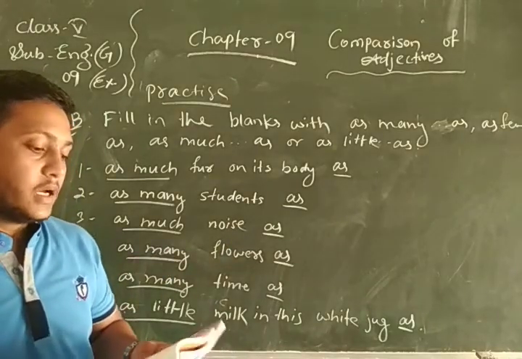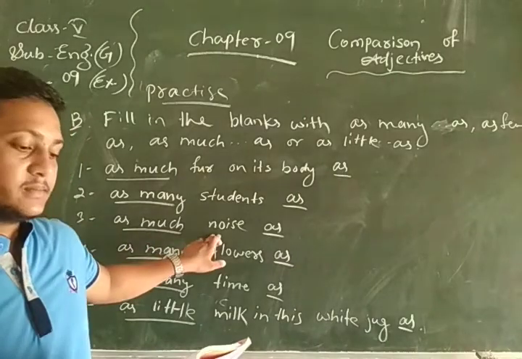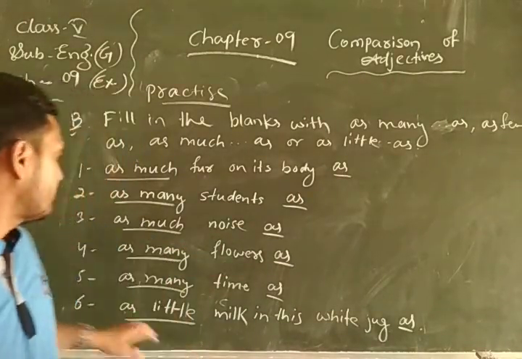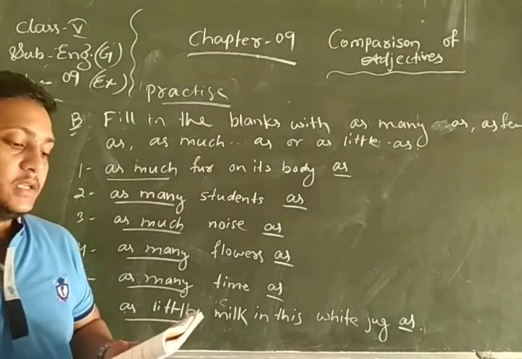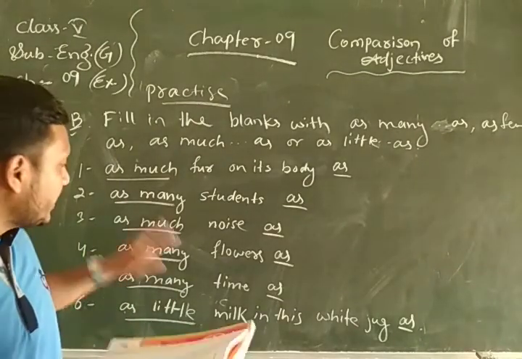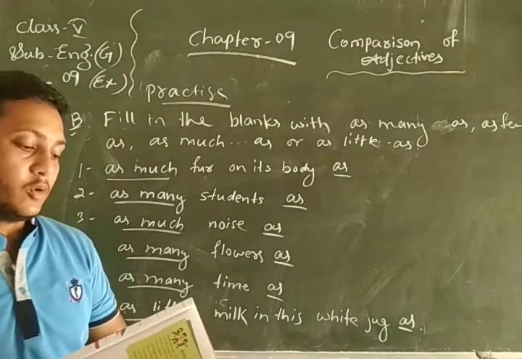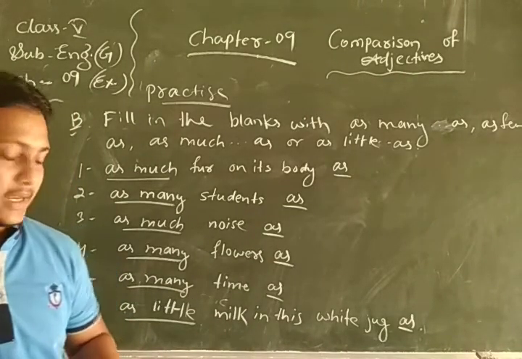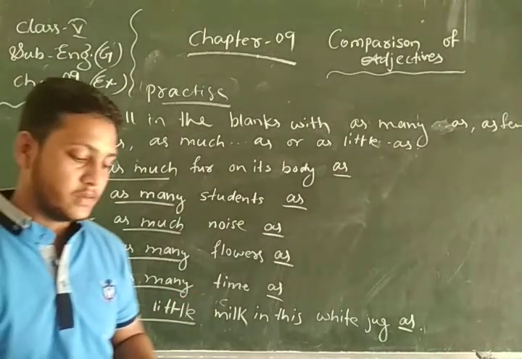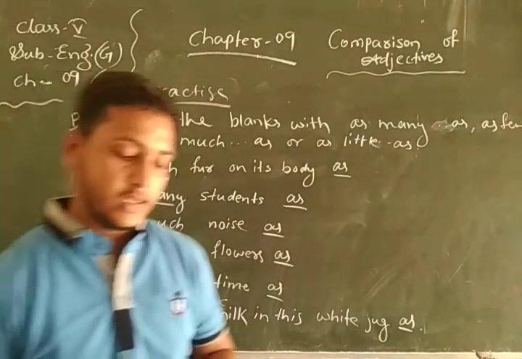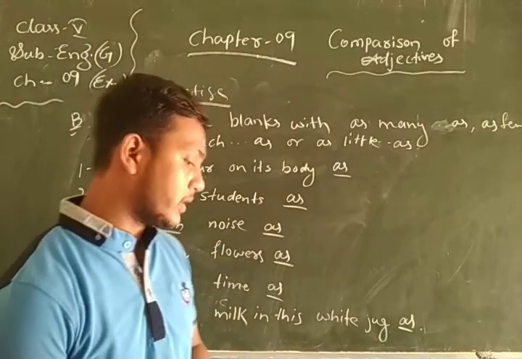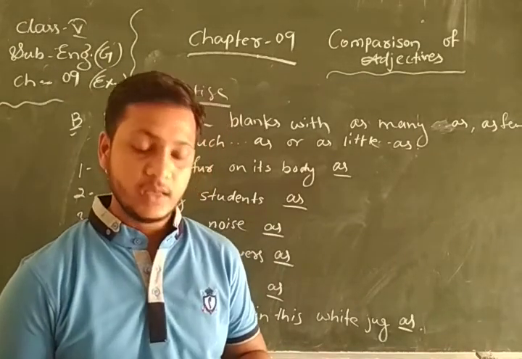The birds are making as much noise as a group of chattering schoolgirls. The girls' team had to gather as many flowers as the boys' team. John has visited the Taj Mahal as many times as Jill has. There is as little milk in this white jug, okay, as there is in the red one.